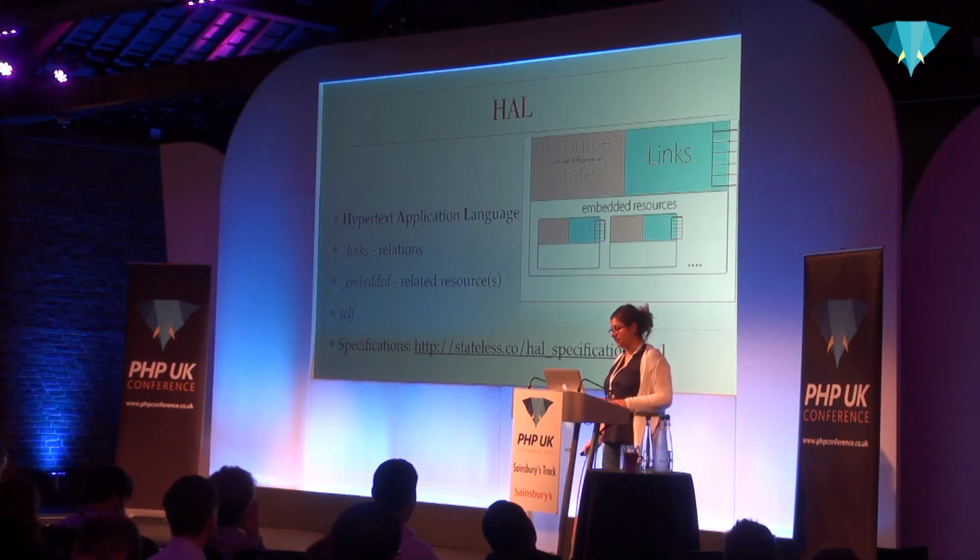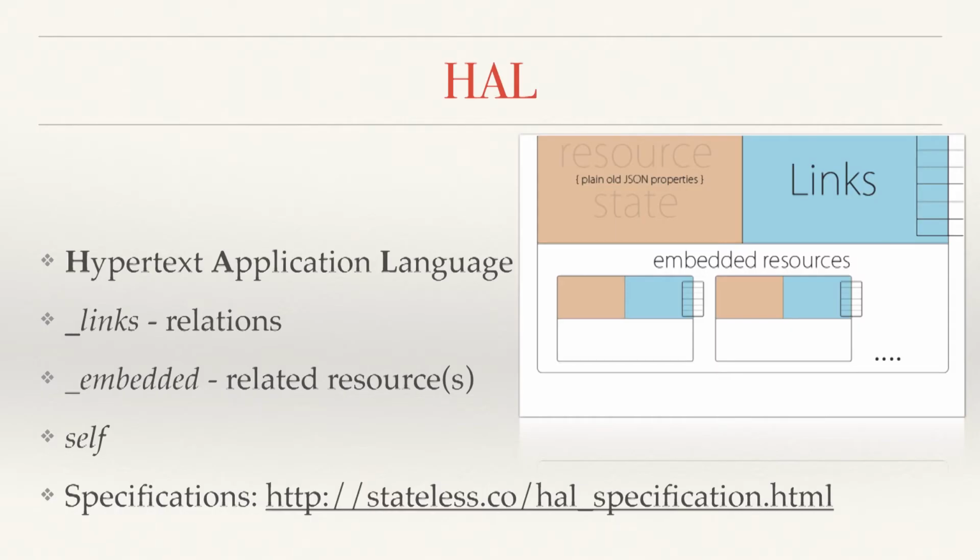A quick, let's talk about HAL and JSON API. Maybe you heard about them. They are specifications. They are quite good on the one part or the other. HAL stands for Hypertext Application Language, and it's about three main words.